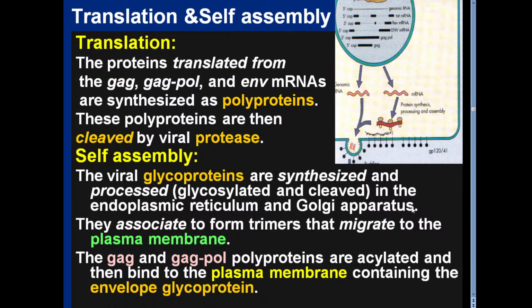The next step after transcription is translation. Proteins are translated from GAG, GAG-POL, and VPU mRNAs and synthesize a long polypeptide. Later this polypeptide is cleaved by protease. After this process, viral glycoproteins 120 and 41 migrate through the endoplasmic reticulum and Golgi apparatus to the membrane of host cells and integrate.